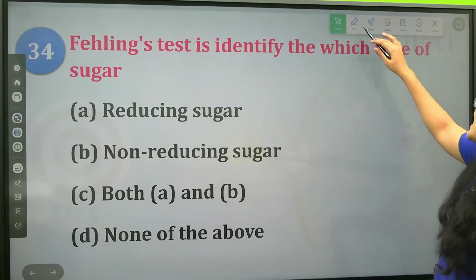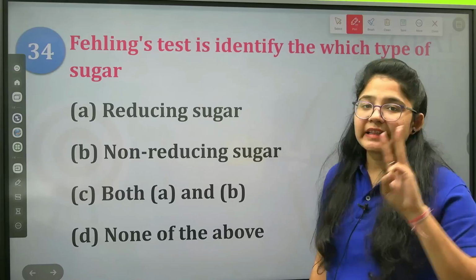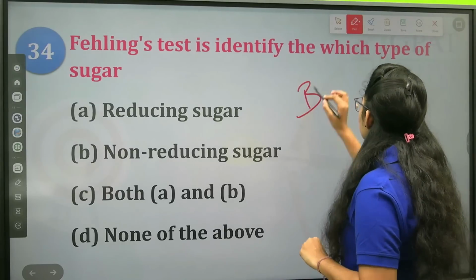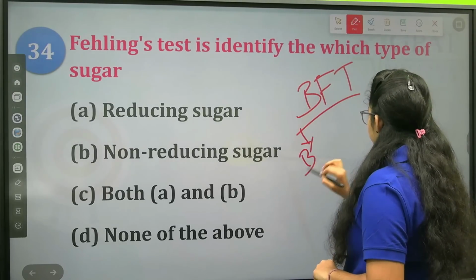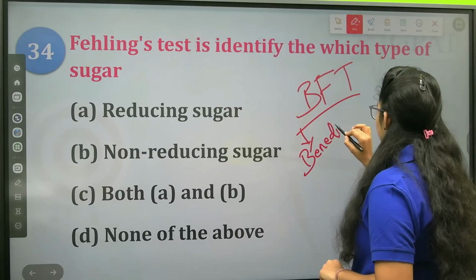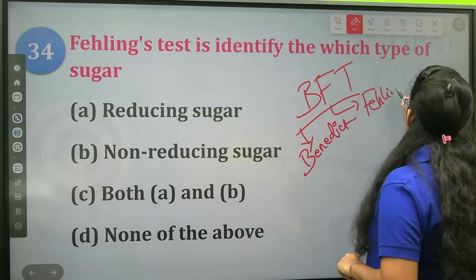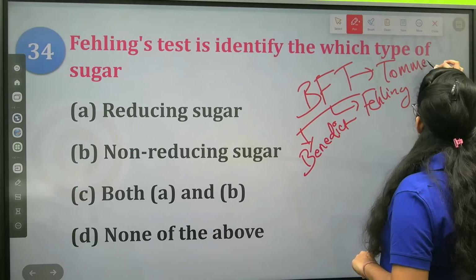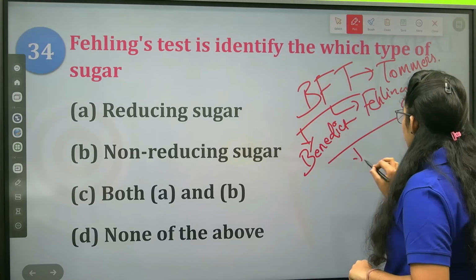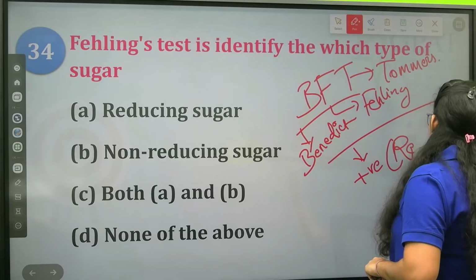The Fehling test identifies which type of sugar? There are 3 tests: Benedict, next is Fehling, and the third is Tollens. These 3 tests give a positive result for reducing sugar.